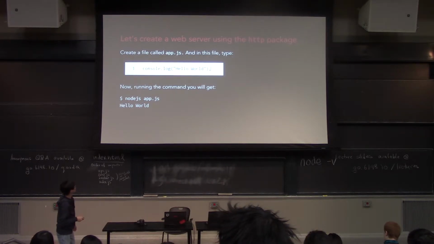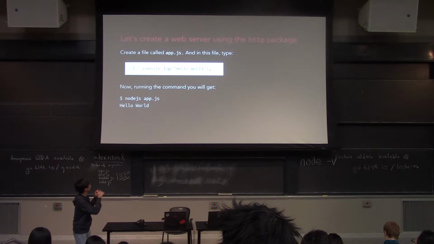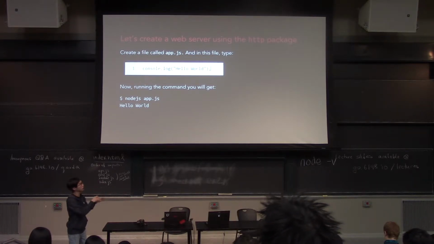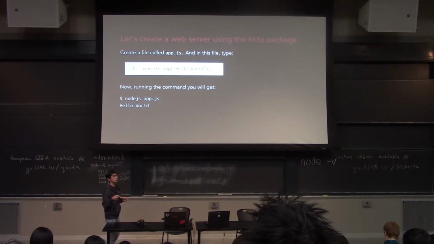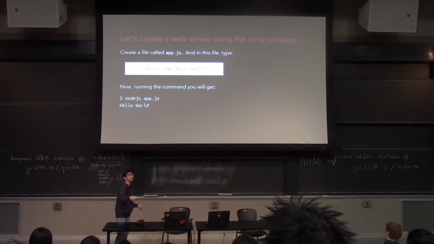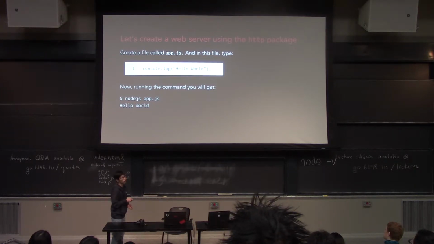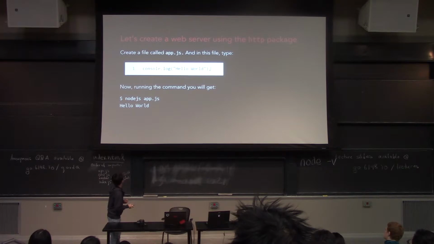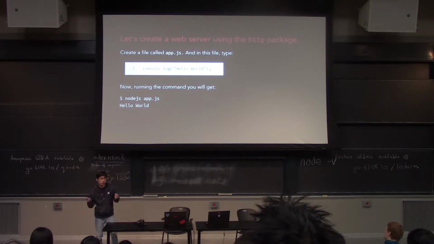Okay, so now let's try to use a Node library to run a web server on our machines. Let's go ahead and create a file app.js in your newly created project and type in console.log hello world inside this file and save it. Once you've saved it, you can run the command nodejs app.js and it'll run the program for you.